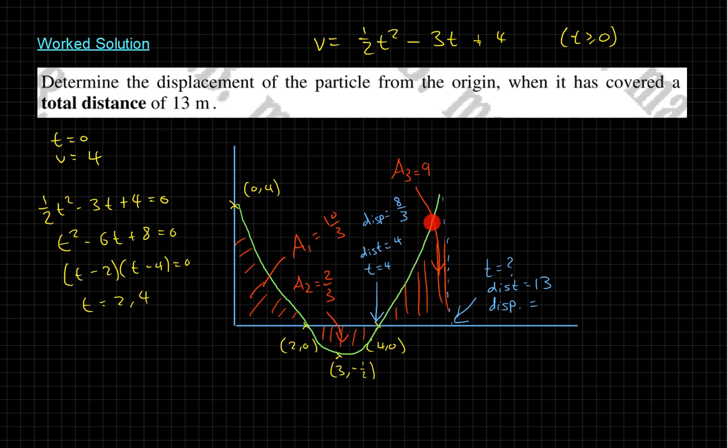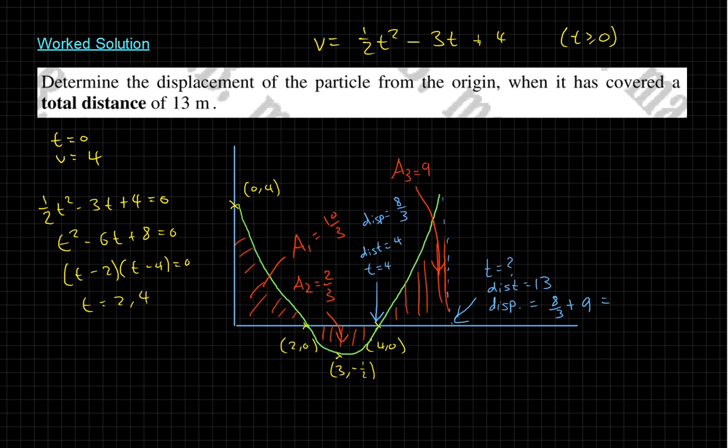Now this is a positive graph here, as in it's above the x-axis, so therefore displacement and distance are the same for this portion. So therefore we've gone from 4 to 13 by adding 9 area, and from 8/3 we can also just add the 9 to get our displacement here. So we'll end up with a displacement here of 8/3 plus 9, which is equal to 8/3 plus 27/3.